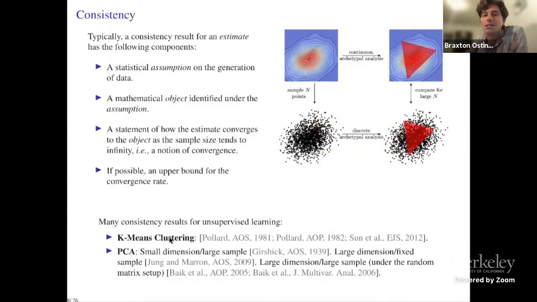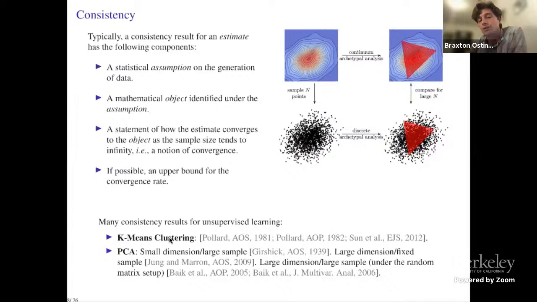To set up a consistency result, I need to set up a continuum version of the problem. I think about my data as sampled from some distribution, and then I solve the continuous version of the problem to find an archetype polytope. As I sample more and more data, I want to see that the solution to the discrete problem converges to the solution to the continuum problem.